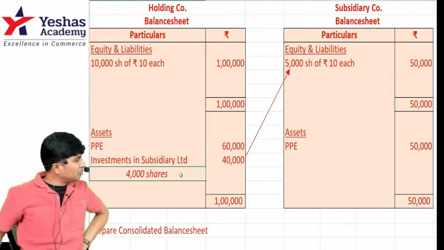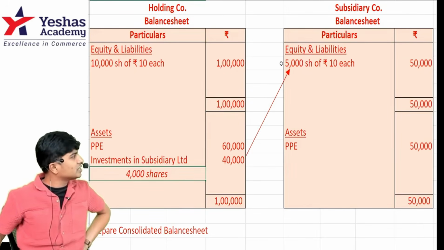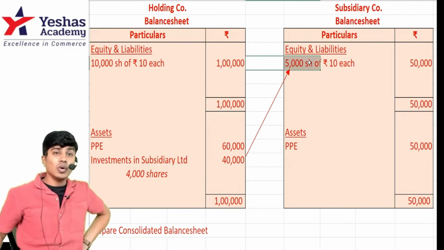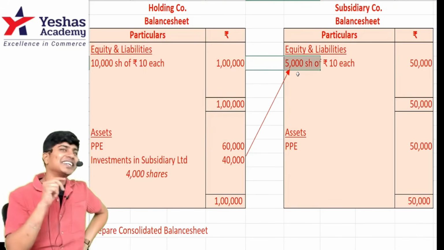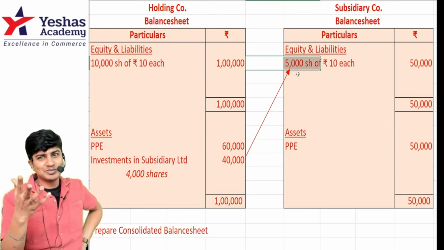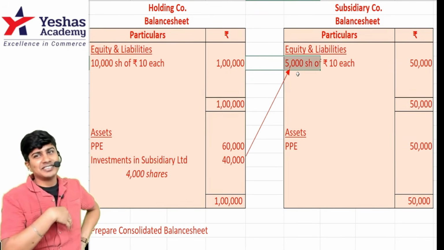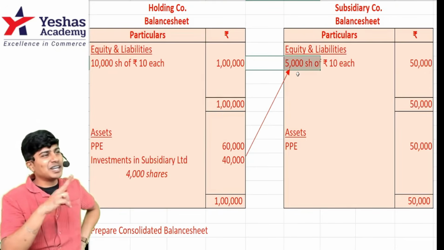Now, from this tip of the arrow mark, come to this tip of the arrow mark. How much is the share capital? The company in which you are interested, somebody else is also interested, but not as much as you. You are interested 80%. Somebody else is interested 20%.